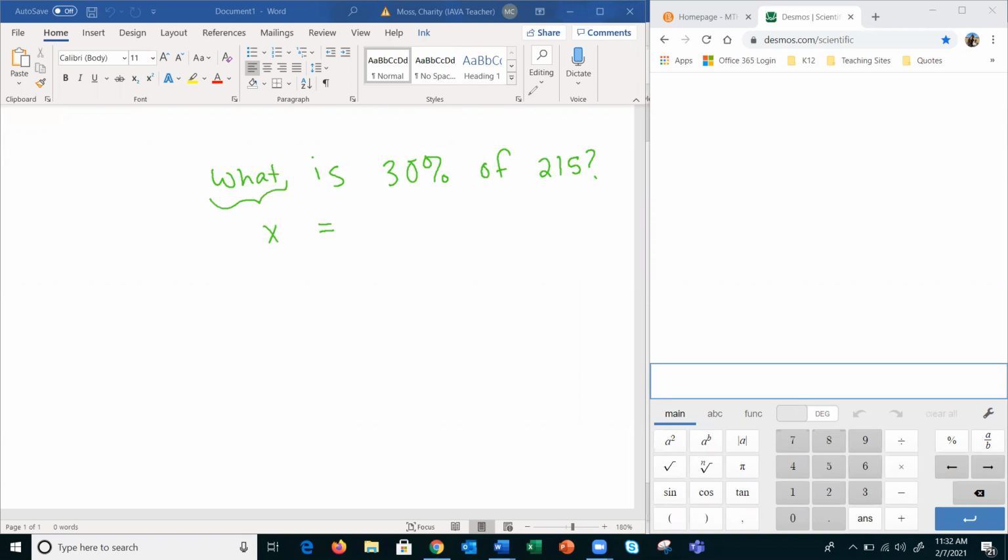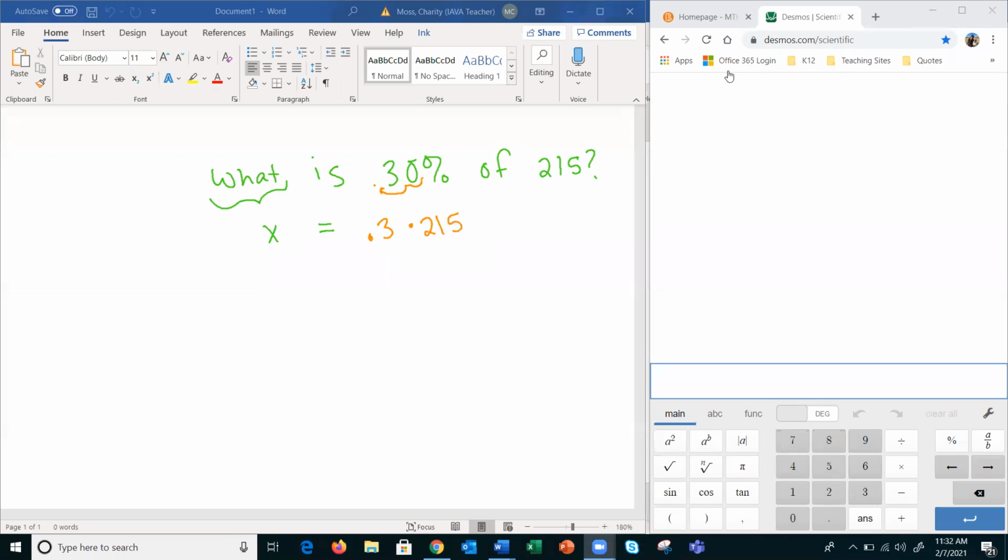Going from percent to decimal, the decimal point, if it doesn't show, is always behind the ones place, and we move it to the left twice. So it's 0.3. "Of" means multiply in math, just like "is" means equals, so "of" is multiplication of 215.